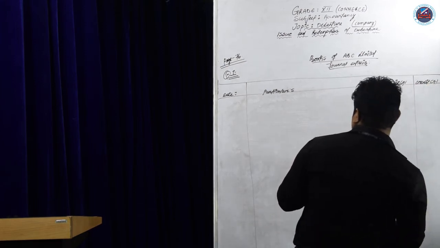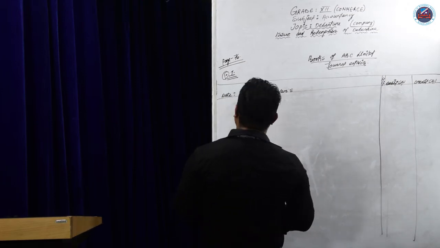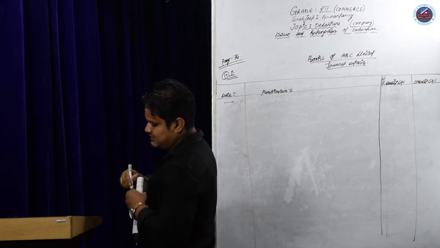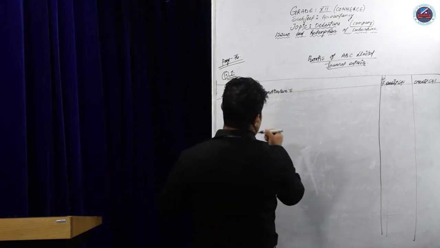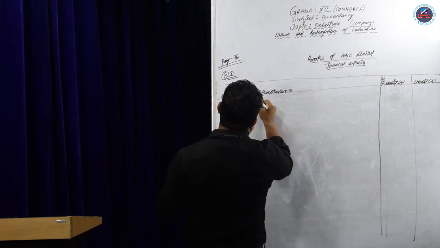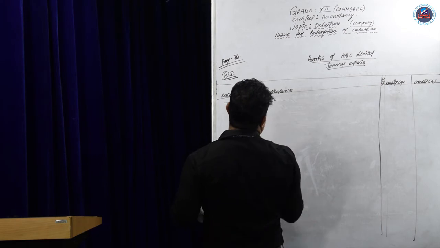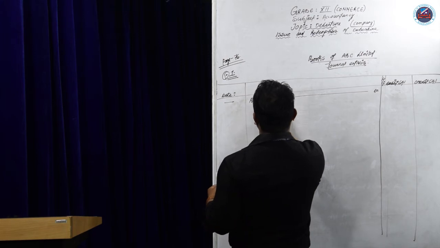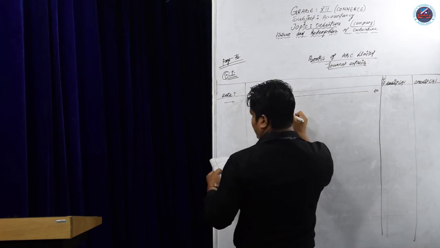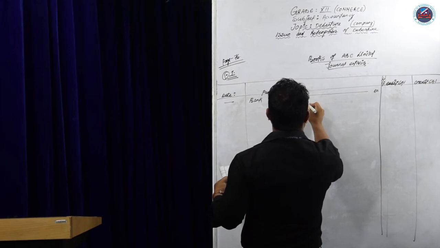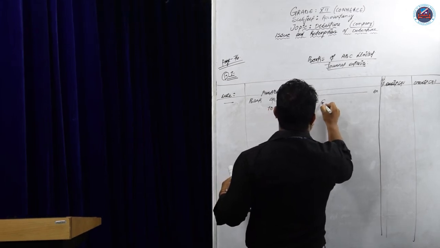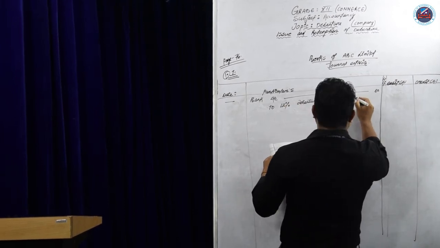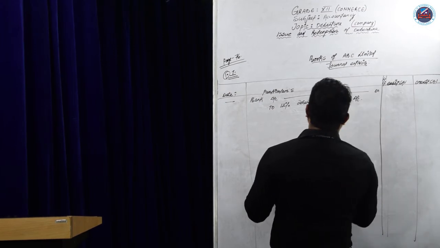So the first entry is the receipt entry of the application account. How will we give the receipt entry? Write your bank account debit to 12% debenture application account. Write the amount: the bank account is debited, that is the amount that comes into the company's account while giving the application. Bank account debit to 12% debenture application account, where 12% is the interest rate.